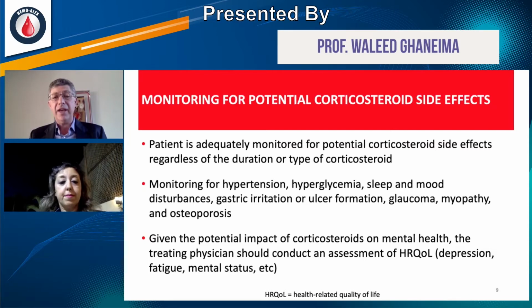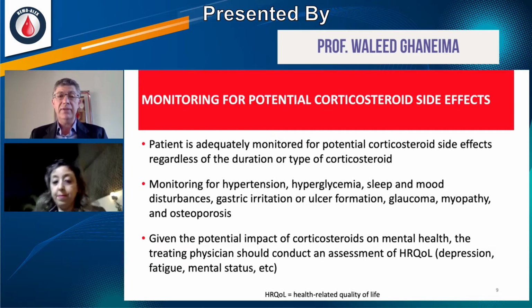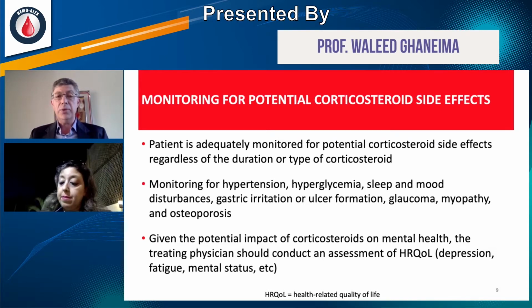But actually, we don't have a good tool for use in clinical practice. So I don't know what they were thinking when they stated this. I mean, how do you follow that? Just asking the patient how they feel? We don't have a good tool for adults. I know that one tool is currently under development. Maybe it can be used in the future.